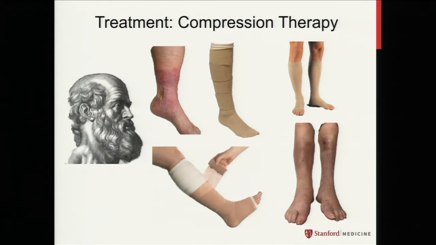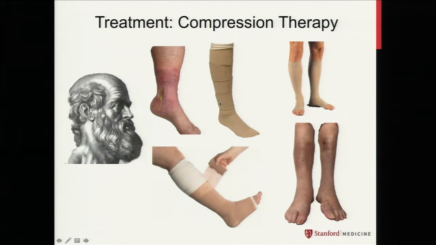When wounds occur, for them to heal, the wound edges need to come together. But if you have a leg that's swollen and trying to pull the wound edges apart, they're never going to heal. So the compression really works to get that pressure down, and it's been done since ancient times. Now we have compression stockings that are graduated, with certain pressure measurements applied to them.